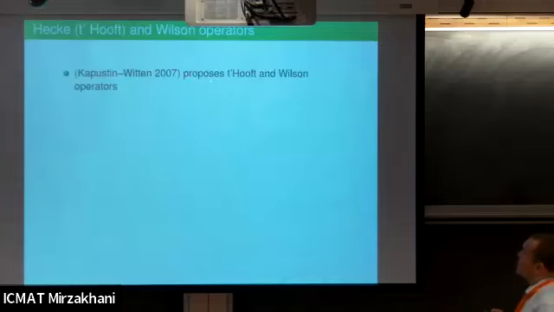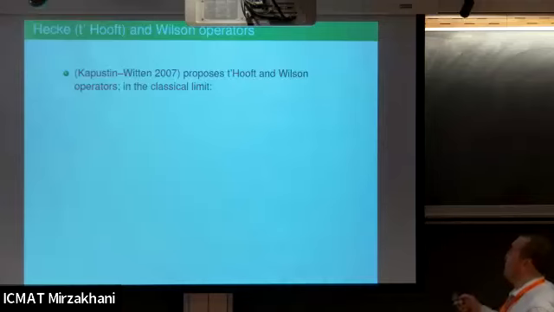So physicists propose that the mirror symmetry should be intertwined by these symmetries on the two sides, the 't Hooft or Hecke and the Wilson operators. I will just discuss them in the classical limit. So we will be looking at certain Hecke transformations, transforming a coherent sheaf on the Higgs moduli space.